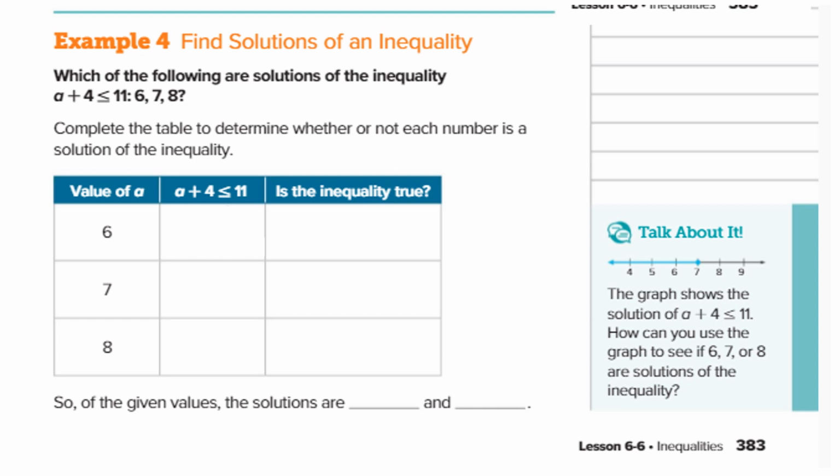So the inequality says that a plus 4 is less than or equal to 11, and you have to try 6, 7, and 8. So that means on those, you have 3 different math problems to do, and you have to find the correct answers. So we have 6. We're going to plug it in to our inequality. I have a plus 4 is less than or equal to 11.